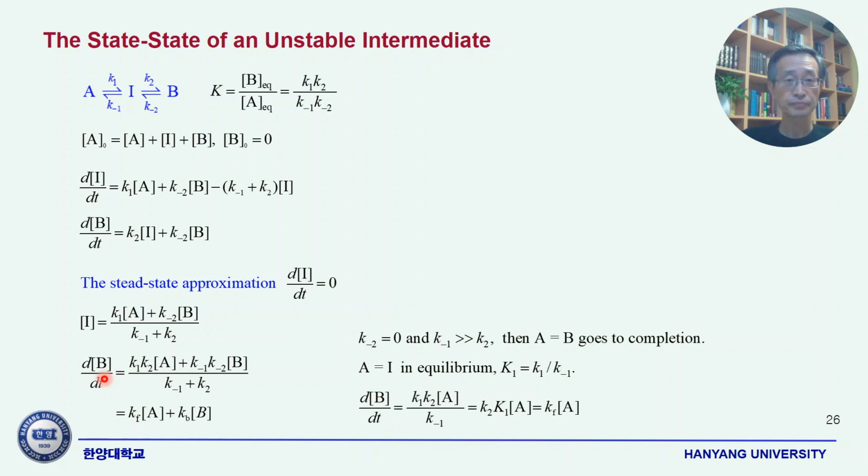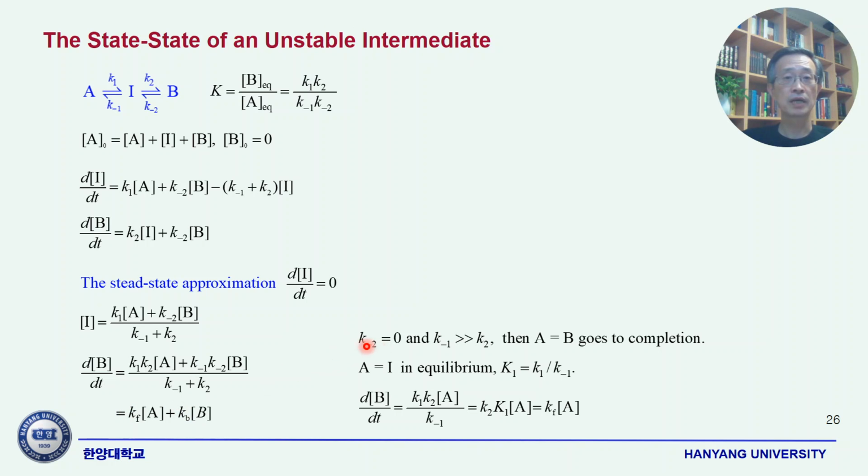Then this is equal to, let's say, k1 k2 over k minus 1 plus k2 as kF, forward, and this term k minus 1 k minus 2 over k minus 1 plus k2 is kB, the forward rate constant and backward rate constant.